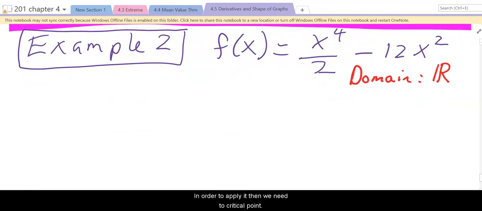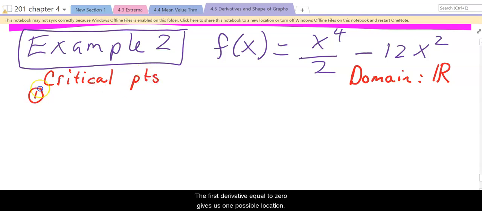In order to apply it then, we need the critical points. To find the critical points, we need the first derivative. The first derivative equal to 0 gives us one possible location of the critical points, places for relative extrema to exist.